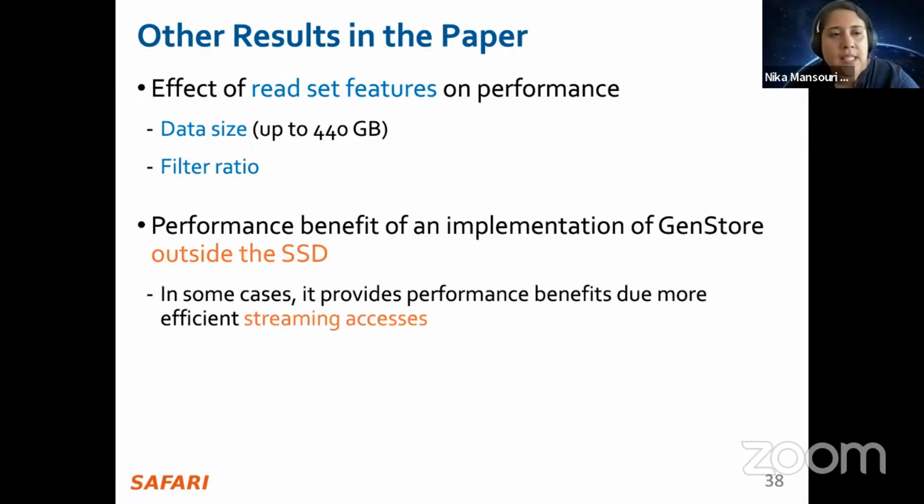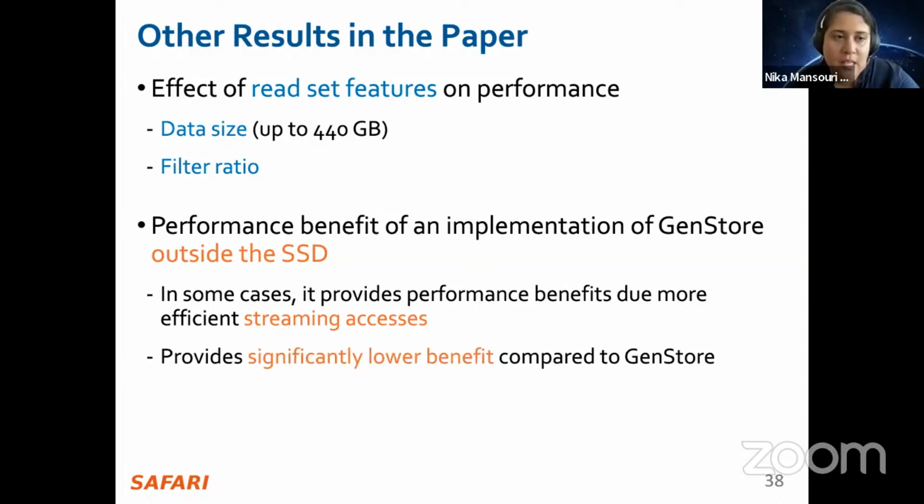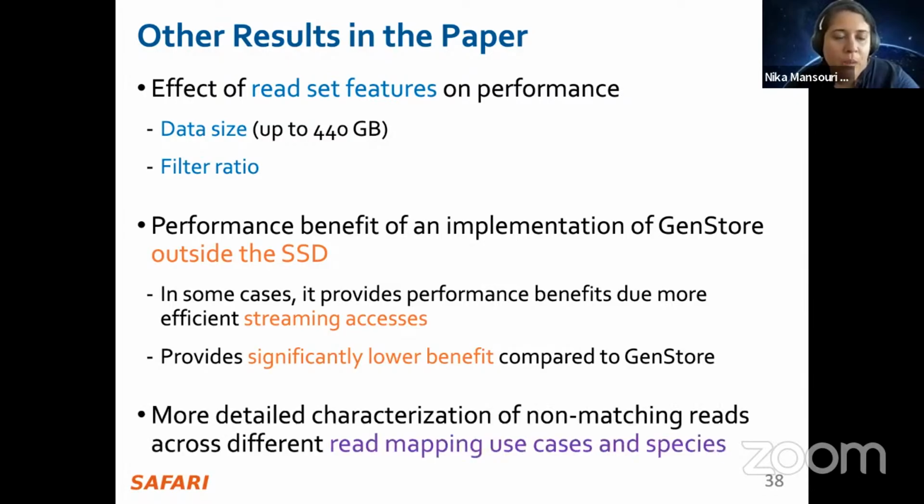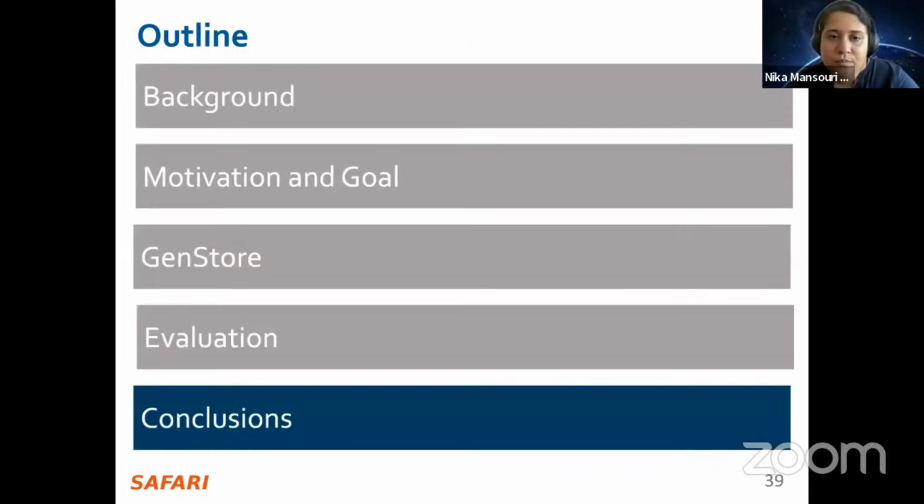In some cases, we observed that it provides performance benefits due to more efficient streaming accesses, but it provides significantly lower benefits compared to the GenStore implementation inside the SSD. We also provide a more detailed characterization of non-matching reads across different read mapping use cases for different species.